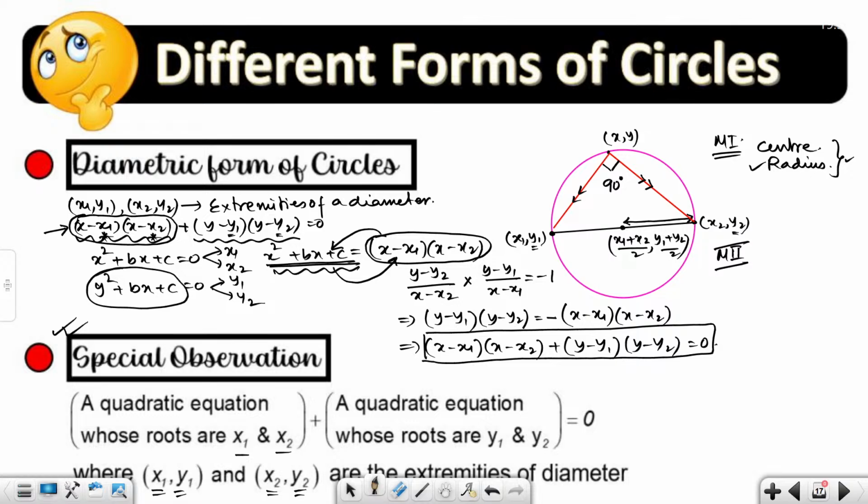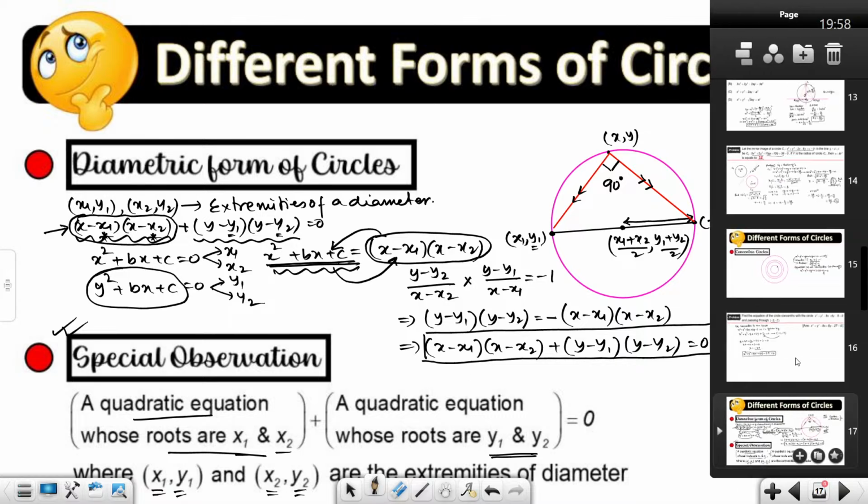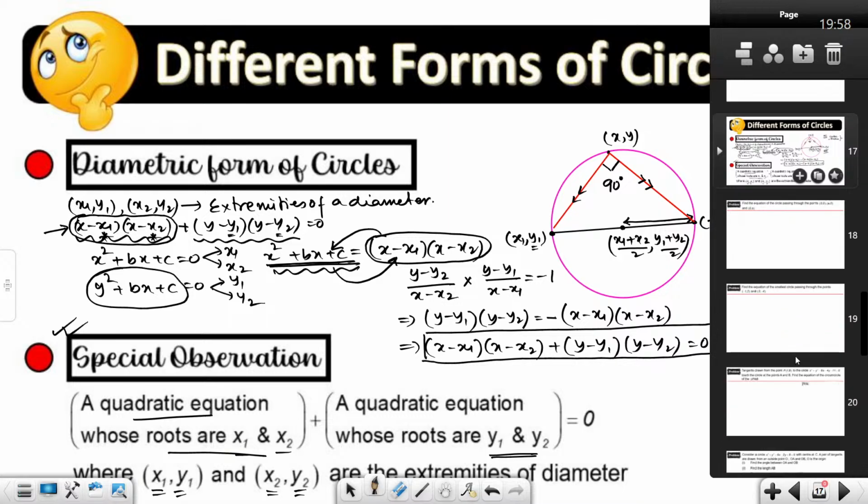Therefore, the equation of the circle will be the quadratic equation whose two roots are x1 and x2, that is, this expression or the expression which is given to us, I will write it. And a quadratic equation whose roots are y1 and y2, I will simply write that expression to get the complete equation of the circle. Is it clear to you? Let me take one example related to this. Let me take this example first.